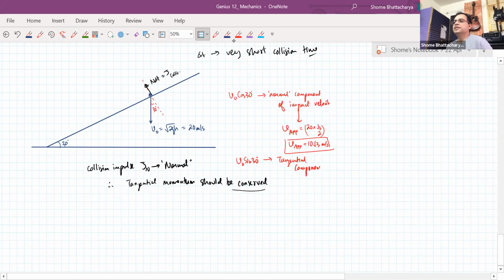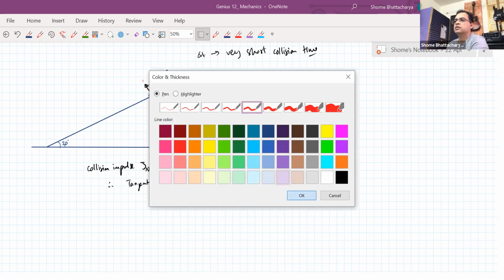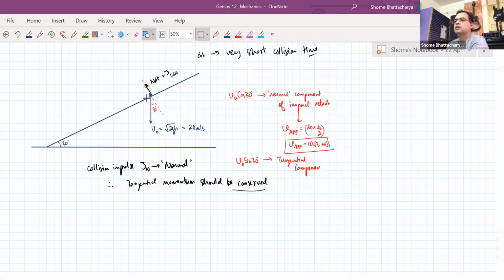Okay. So now immediately after impact, if it has a velocity v which is horizontal, then we can conclude that this angle is 30 or this angle is 60.